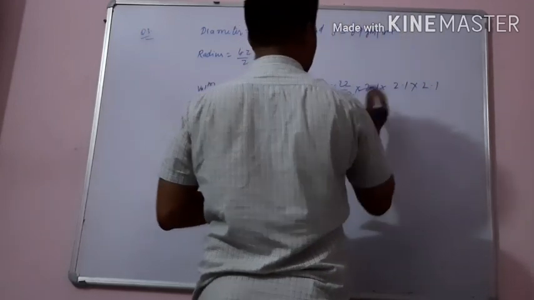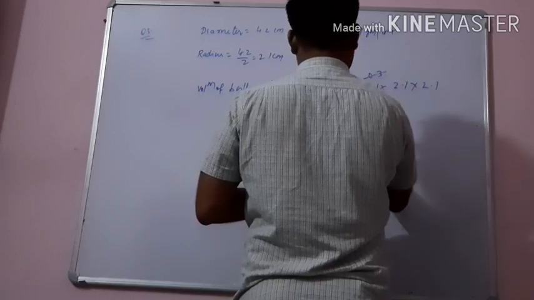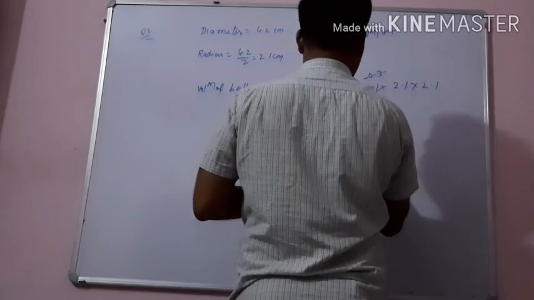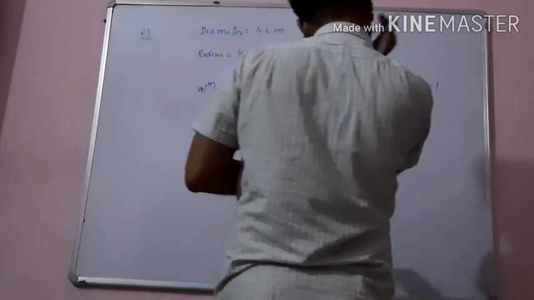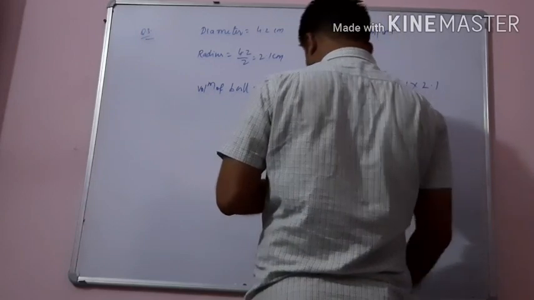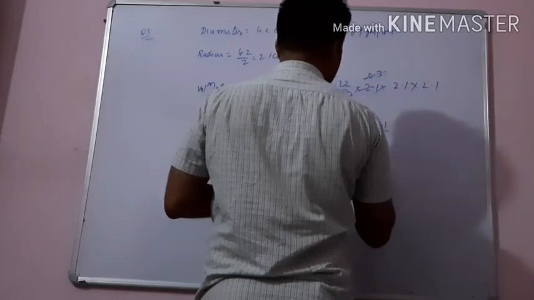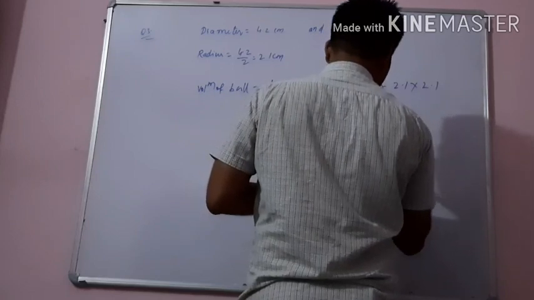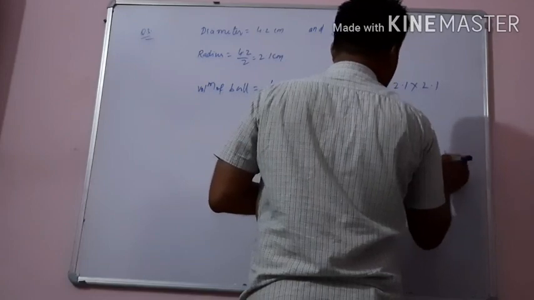When we cancel out, it will be 0.3, 10, 2, 5. 44 multiply 4.41 upon 5. It will be equal to 38.81 centimeter cube. This will be the approx value.